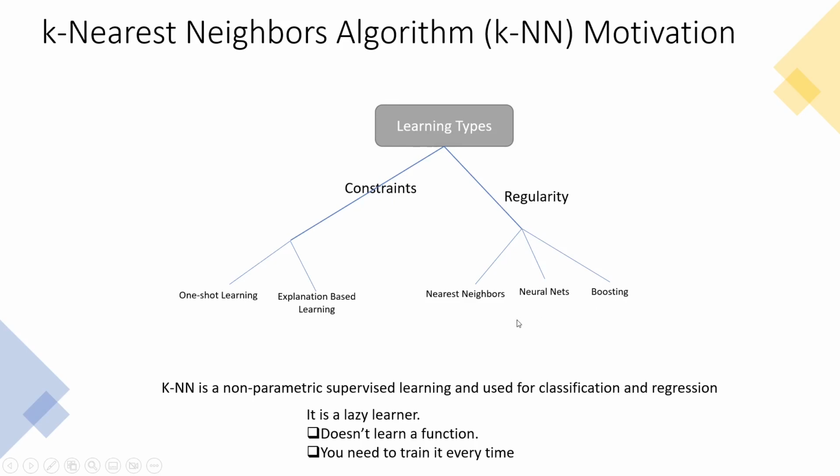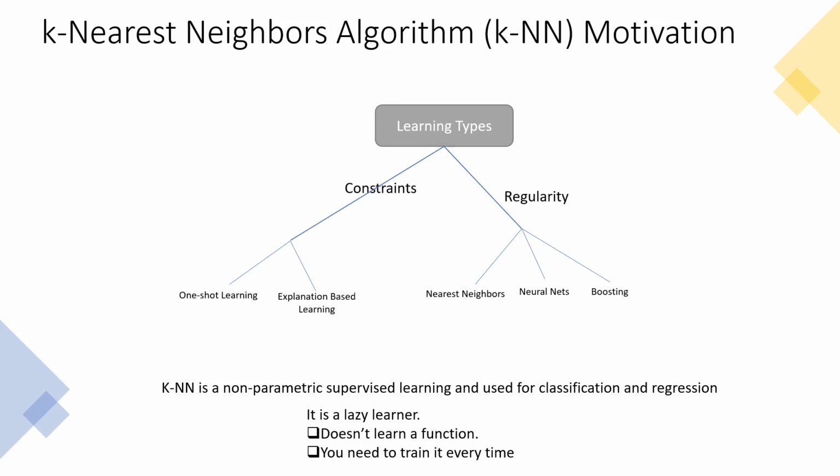And KNN is a non-parametric supervised learning method used for classification as well as regression. It's called non-parametric because the distribution of the data is not defined mathematically. It's a lazy learner. That means it doesn't learn a function.